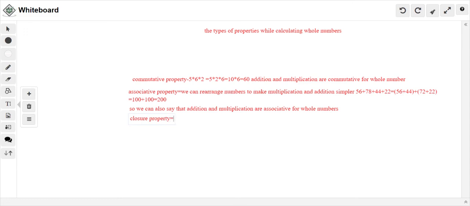This is a very simple property which basically means addition or multiplication of whole numbers gives the result a whole number.